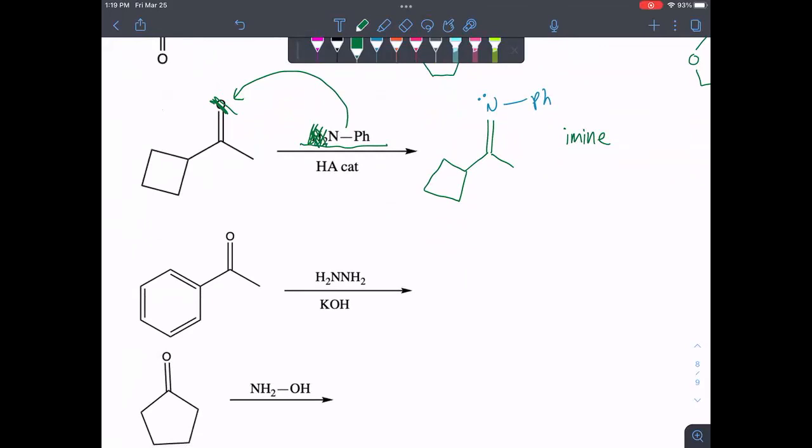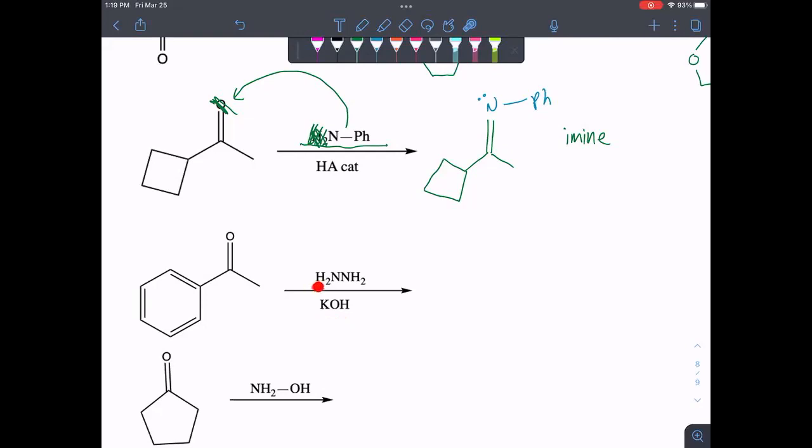Okay, and then the one below it, what's the reaction called? It would be hydrazone formation if we didn't have the KOH present. Yeah, it's Wolff-Kishner reduction.